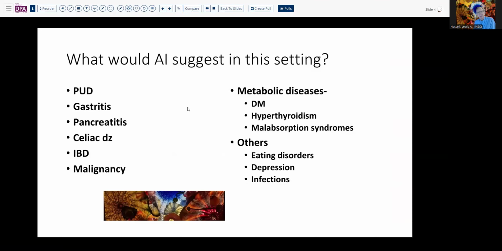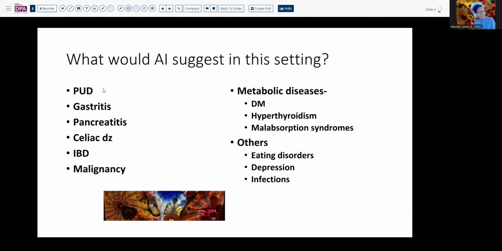So just for fun, given this modern era, I thought, let's see what artificial intelligence might suggest as a differential diagnosis if we were to feed that set of symptoms and that patient age into the algorithm. What kind of differential diagnoses might we come up with?